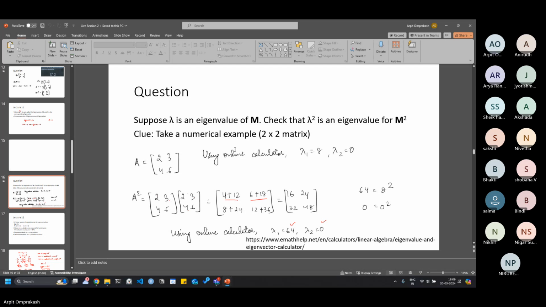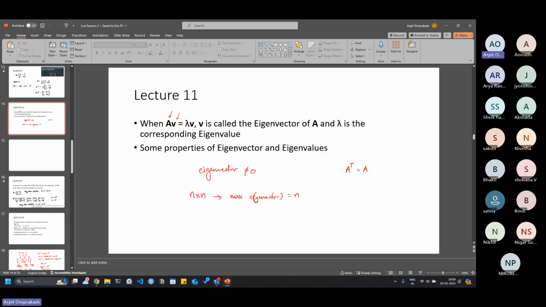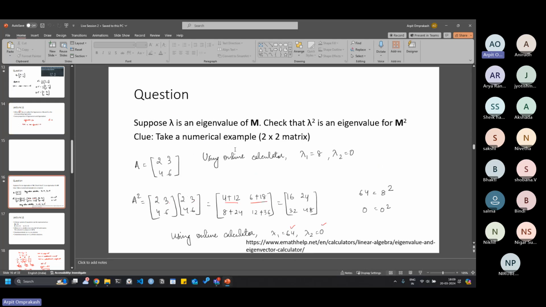You won't be asked to calculate eigenvalues and eigenvectors because I don't think you were taught how to do that by hand, and you won't be given R. You can't use R in the exam hall. So at most, the type of questions that you will get will be similar to this. You'll be given, let's say, 3 or 4 matrices and one eigenvalue, and you'll be asked to find which matrix corresponds to this eigenvalue.